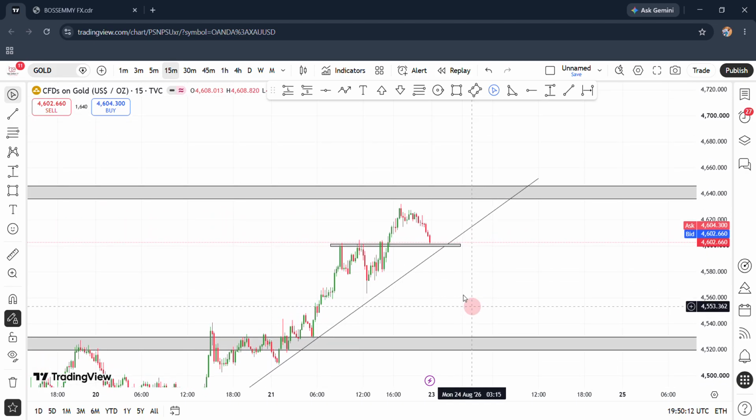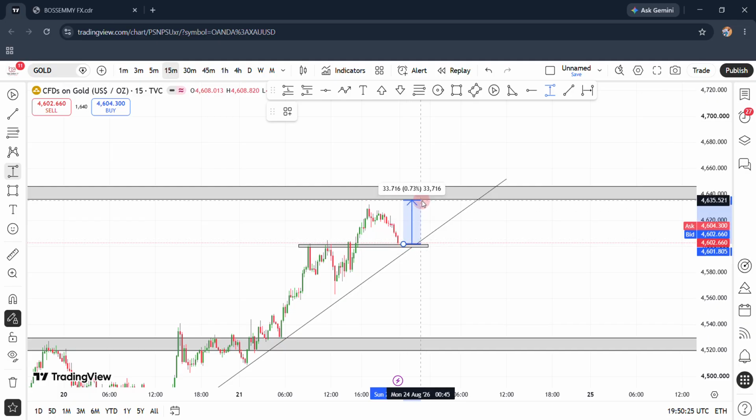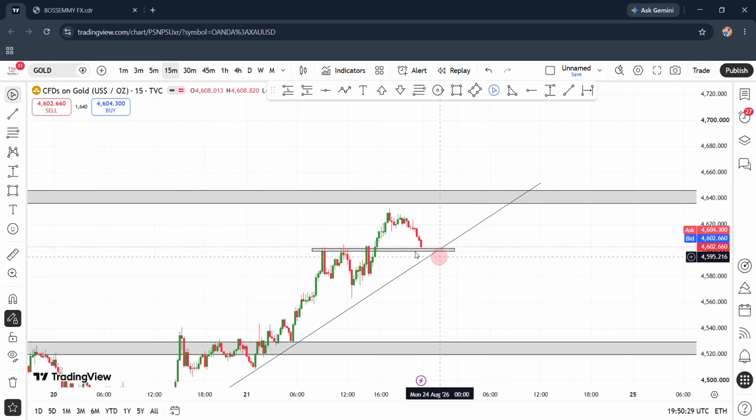When you catch this trade around this zone, I think this is about 200 pips. Okay, see, this is 340 pips. So it's a good way to start up.